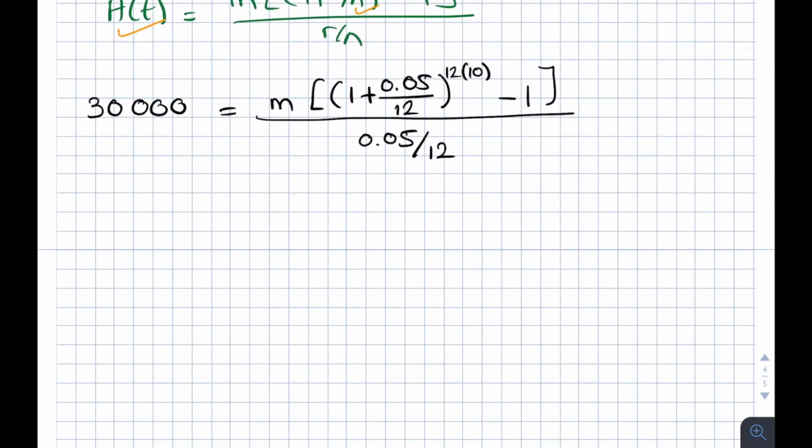So now we're going to solve for m, and if you want more details about solving for m, you can look at the previous videos.